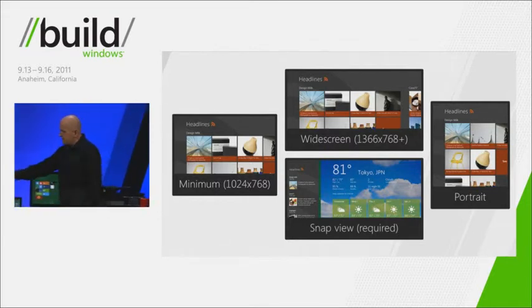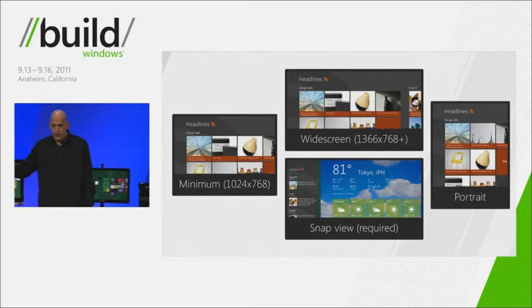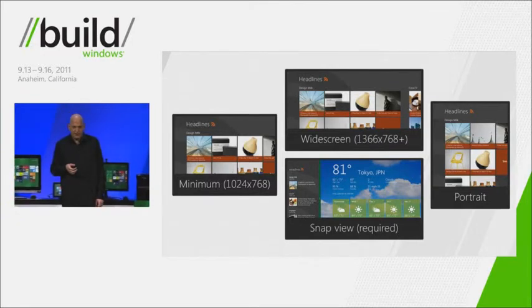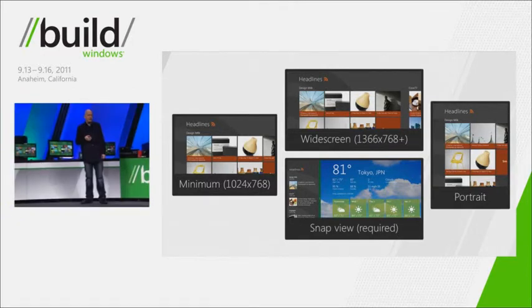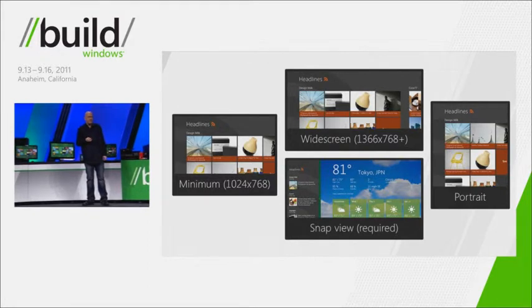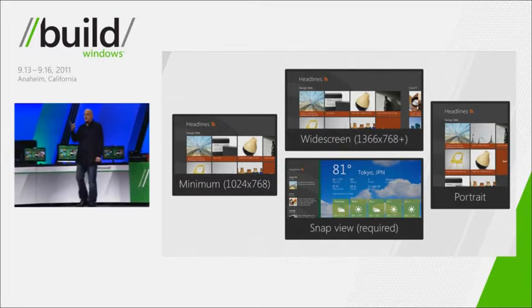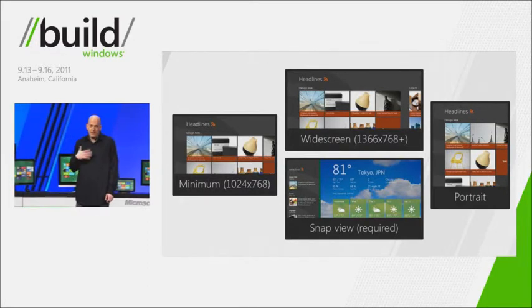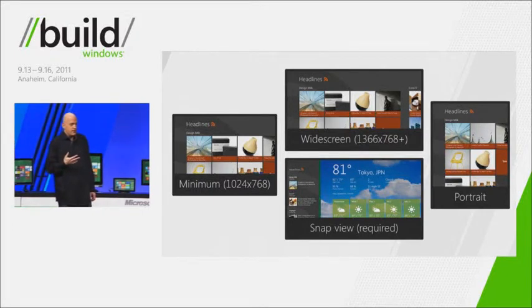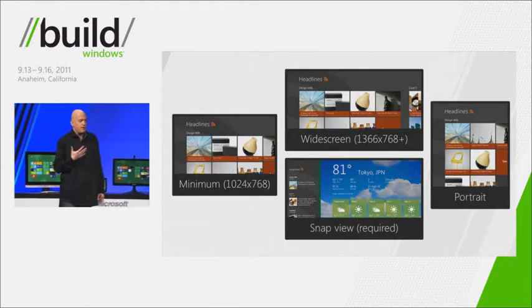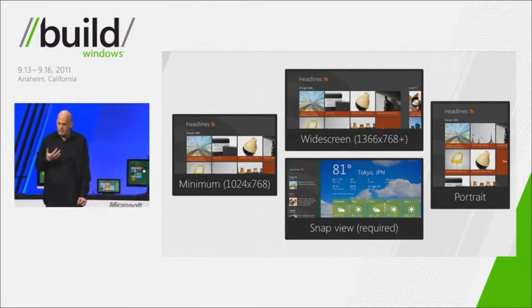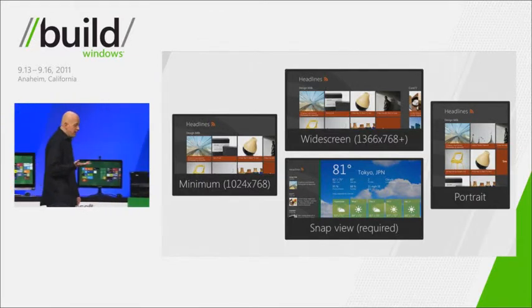And again, look at the PCs behind me. You're not just writing for slates. How many of you have a portrait laptop? Okay, a few people. But the vast majority of people have monitors and laptops that are landscape first. So you'll definitely want to provide a landscape view, but you may want to do a portrait view.